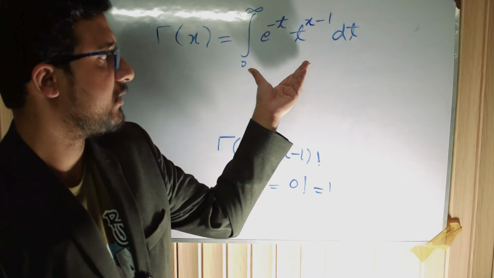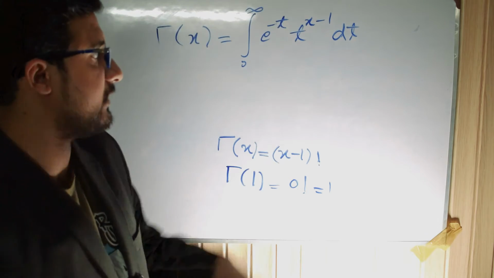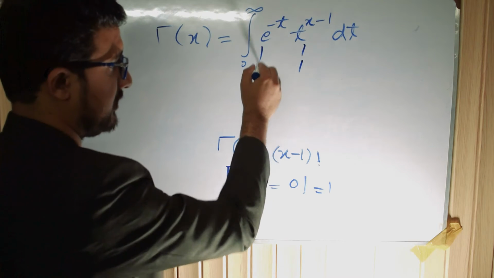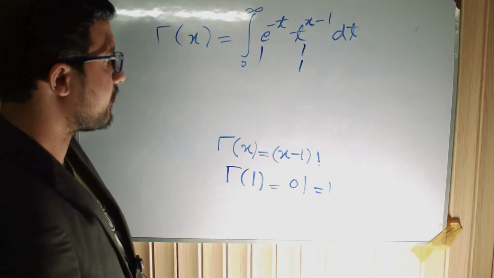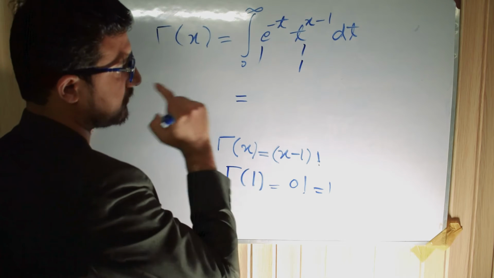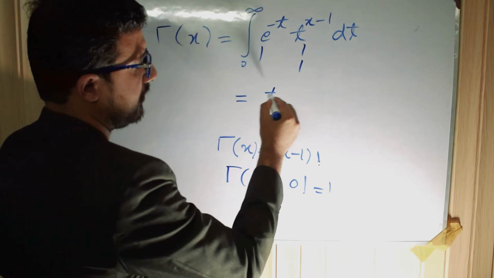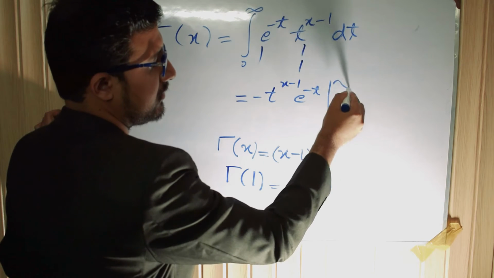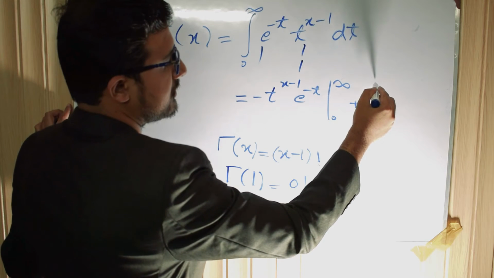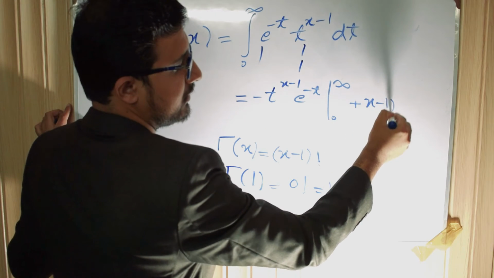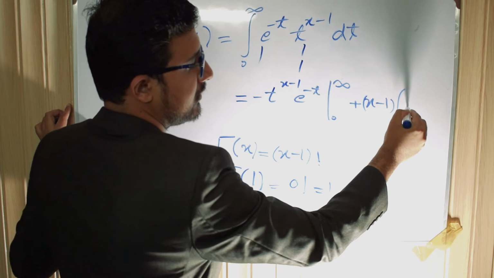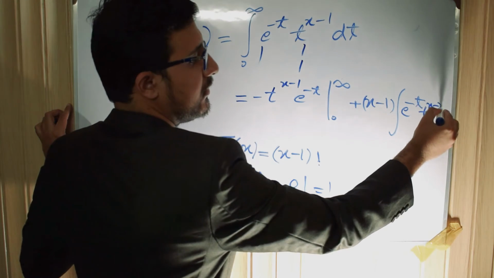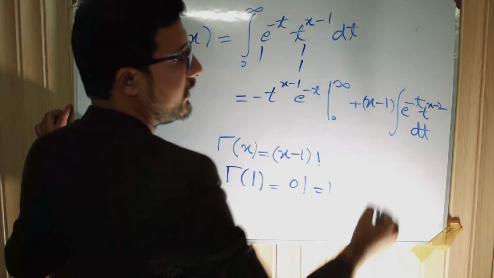And if we integrate this integral by parts, taking this function as our first function and this function as our second function, then we get minus t to the power x minus 1, e to the power minus t, from 0 to infinity, plus x minus 1 times the integral of e to the power minus t, t to the power x minus 2, dt.